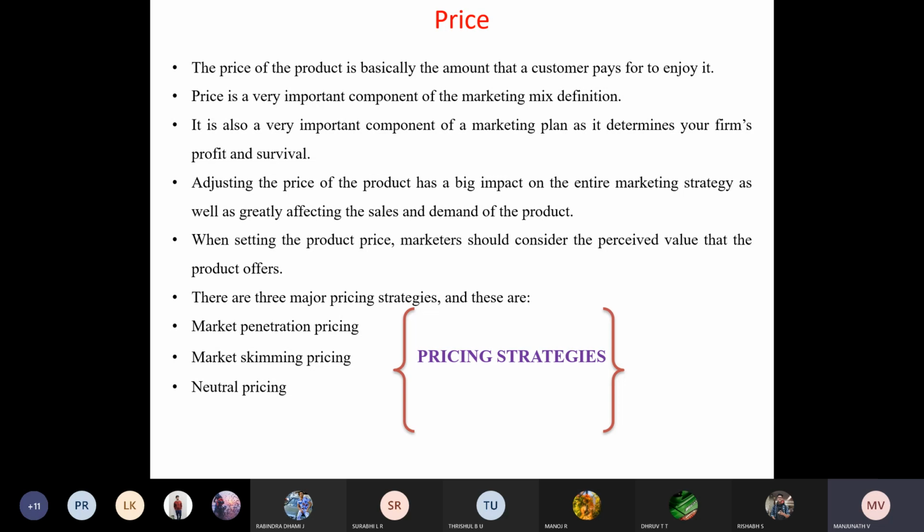And if you say marketing strategy is the core of business importance, then the pricing of the same product has got to play a vital role.